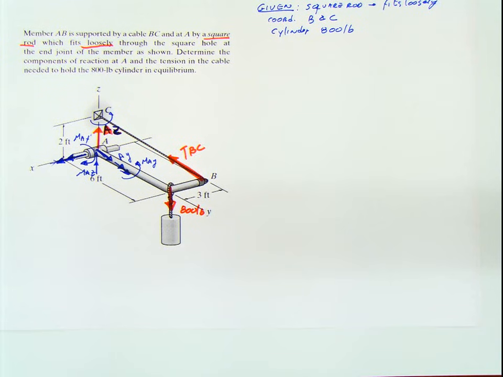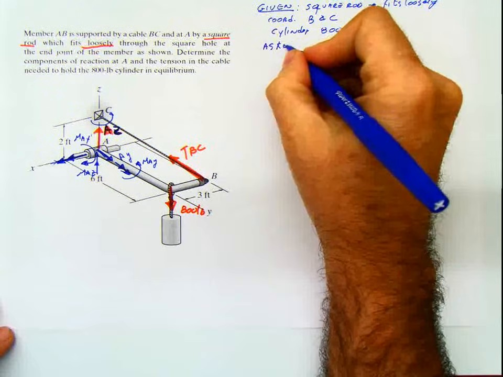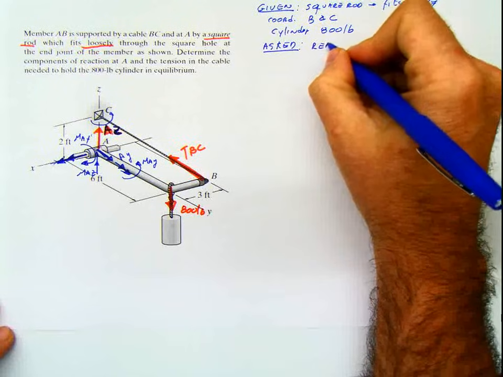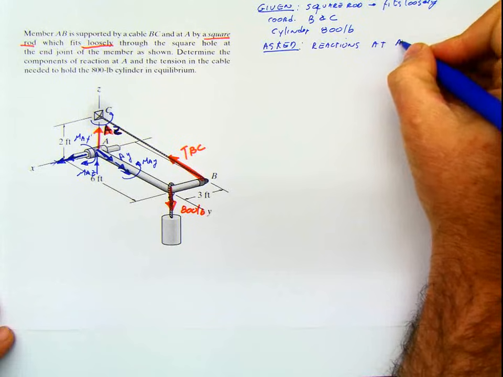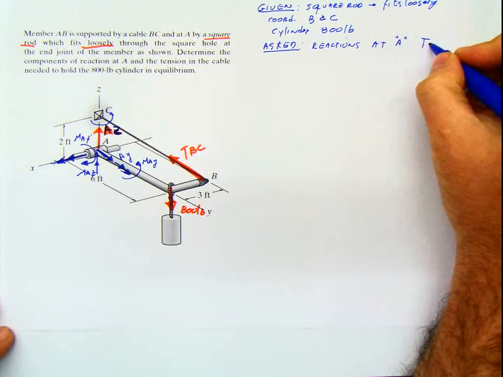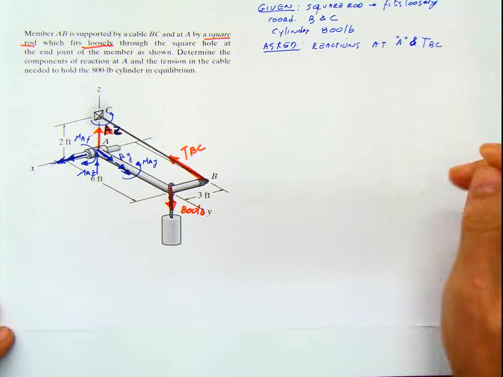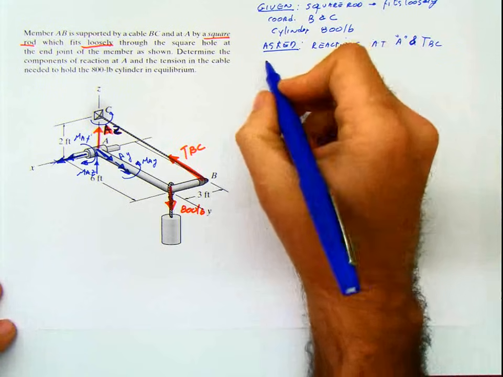Now, what are we asked here to do? We have to calculate the reactions at A and the tension BC. And how are we going to proceed?